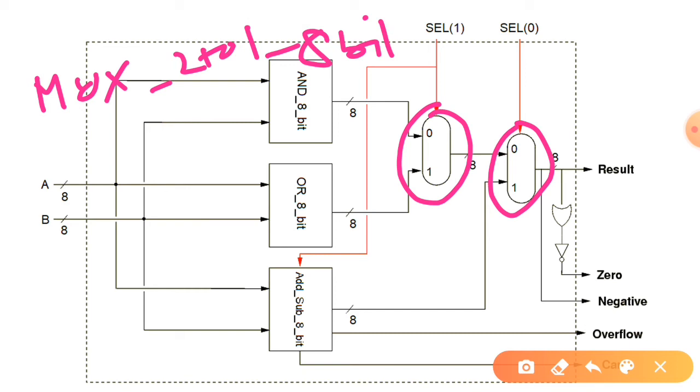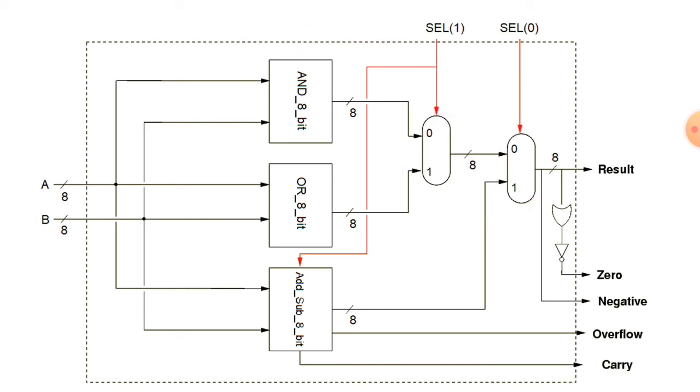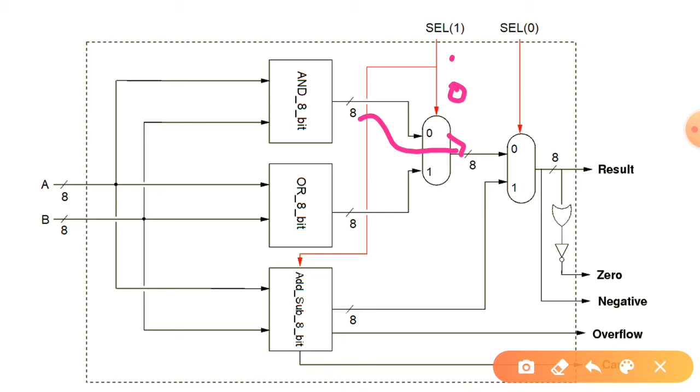So if you can remember the operation of a multiplexer, then it has a select input. Depending on the select input, one of the inputs will be connected to the output. If select input is 0, then this upper input will be connected to the output, else if select is 1, then this lower one will be connected to the output.